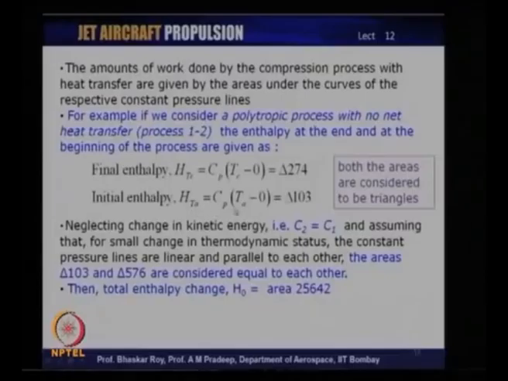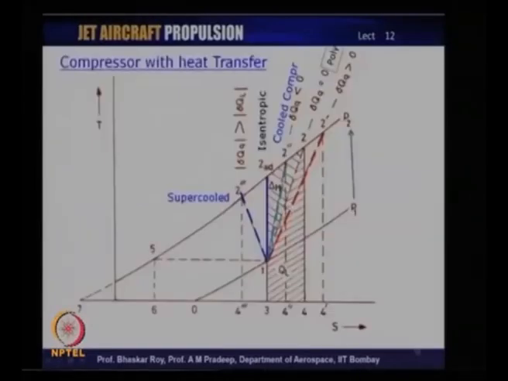The initial enthalpy is the triangle 1-0-3, shown here in terms of 0, 3 and 1, and that is the triangle with which the flow is entering the system. So, it enters the system through 1 and goes out of the system from 2. This is the energy at the entry point, and this is the energy at the exit point.